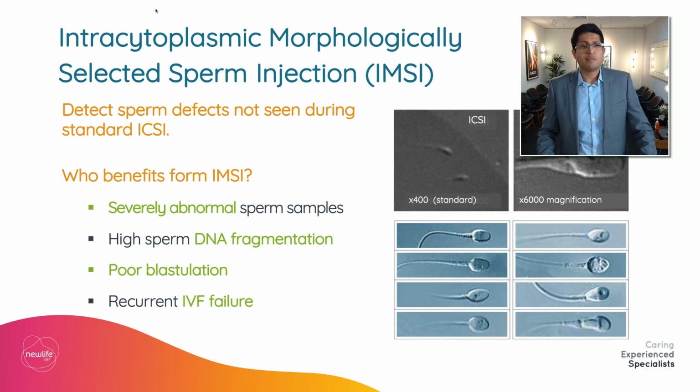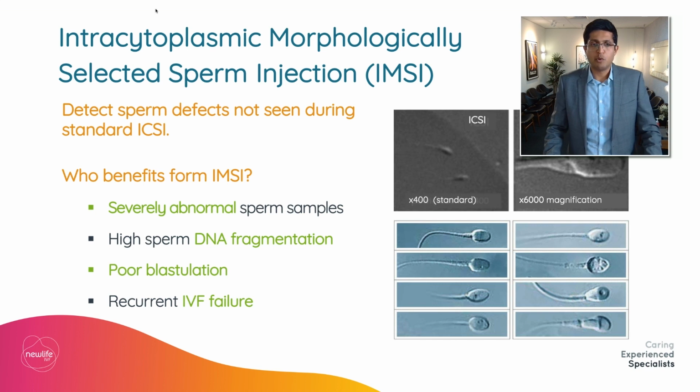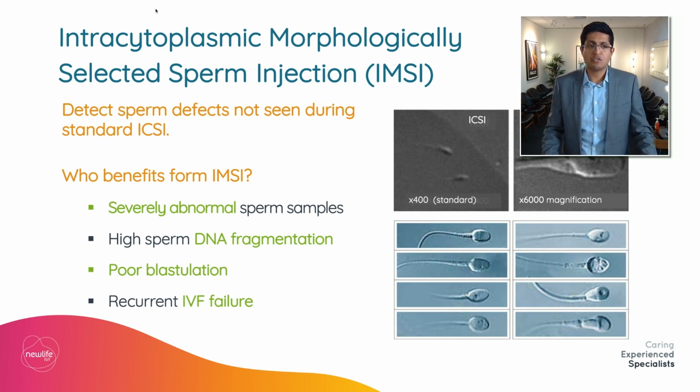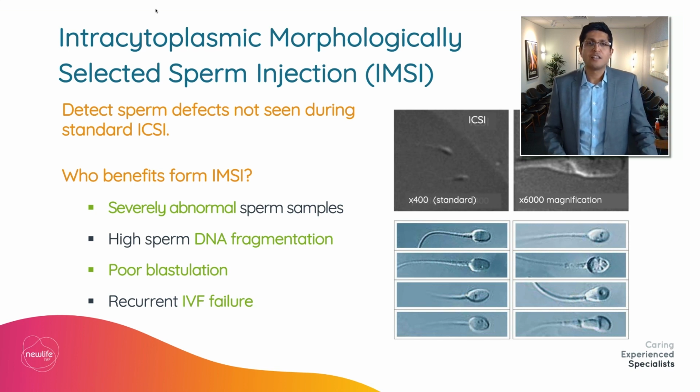So who benefits from that technique? Well, certainly those with severely abnormal sperm samples, those with high DNA fragmentation, as I mentioned earlier, poor blastulation, and of course what we're talking about today, recurrent IVF failure.